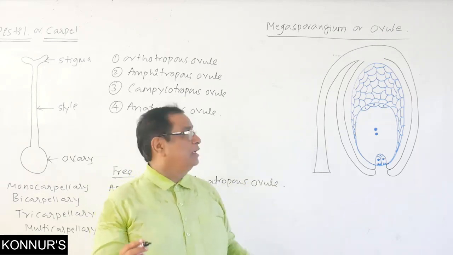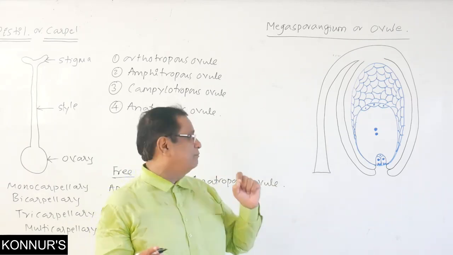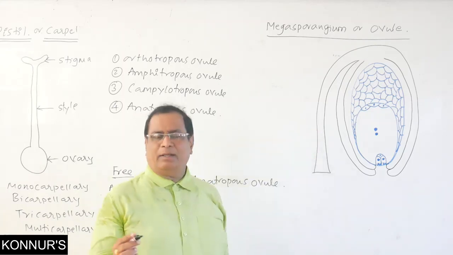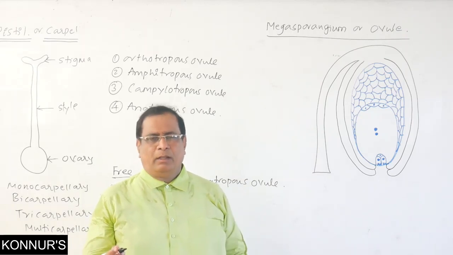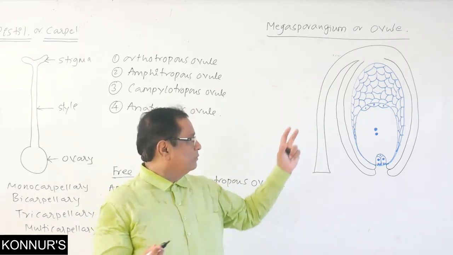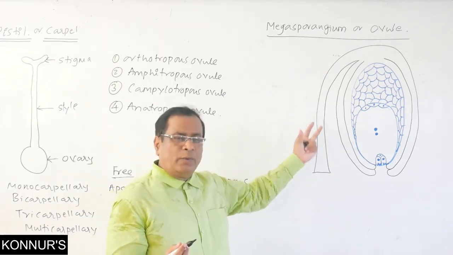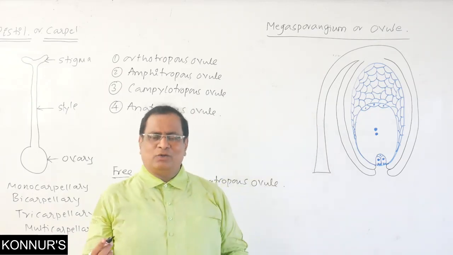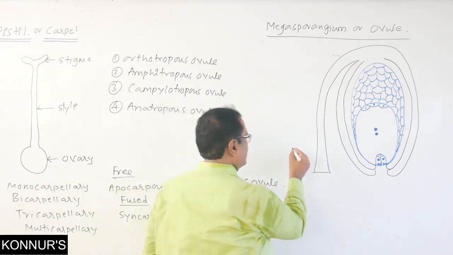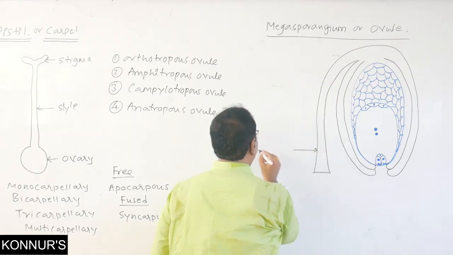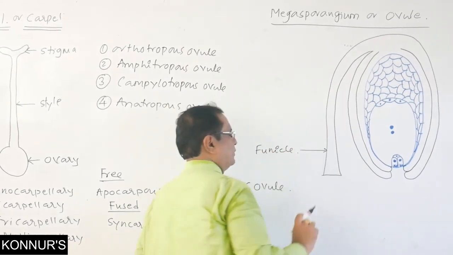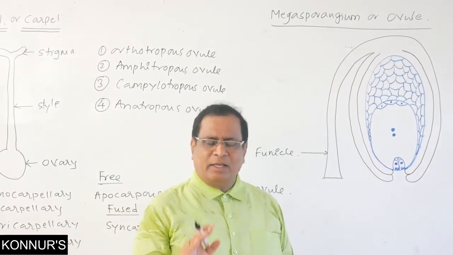If they ask the structure of a megasporangium or ovule, you have to draw this diagram and explain. In ovarian tissue, there is a placenta. This ovule is attached to the placenta by a stalk. That stalk is named funicle.